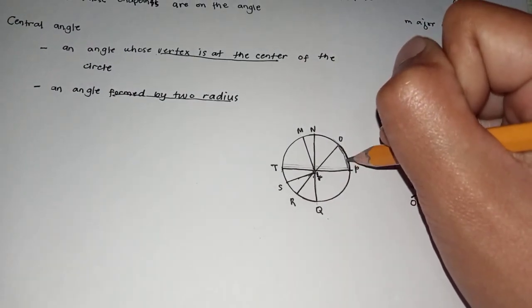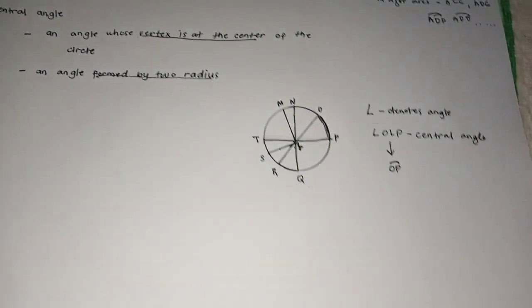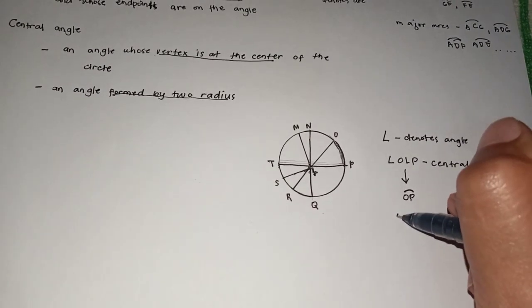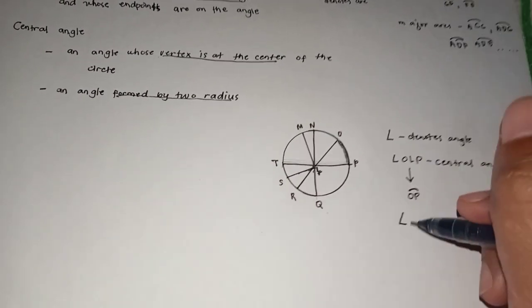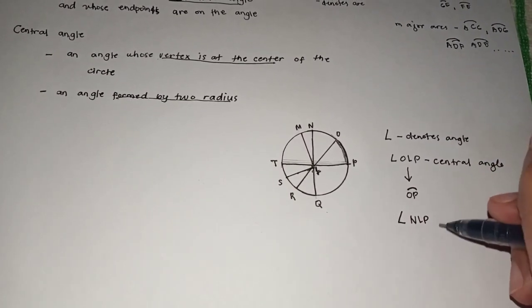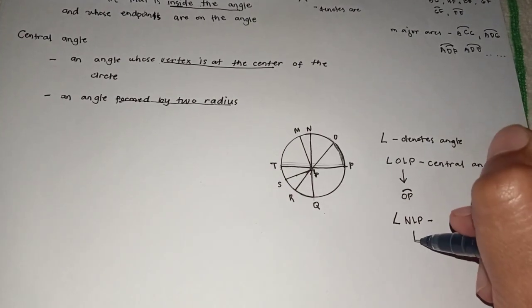Let's have another example. We have here angle NLP. Your L here is the center point of your circle, which means it is the vertex of your central angle. The angle NLP has an intercepted arc NP.